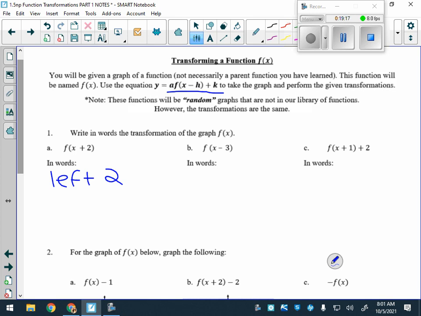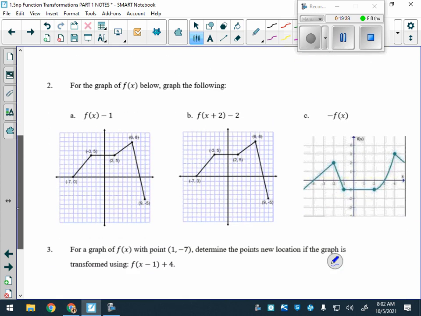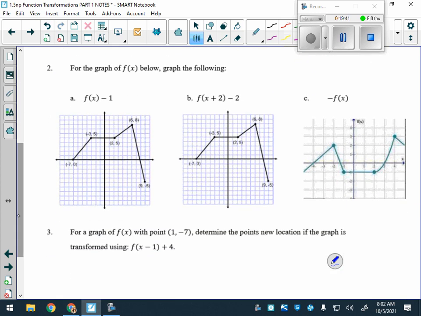Good. Right 3. All right. And in C, what else is happening? Good. Left 1 and then up 2. So nothing has changed, just they're random functions. That's it. Like you see here.